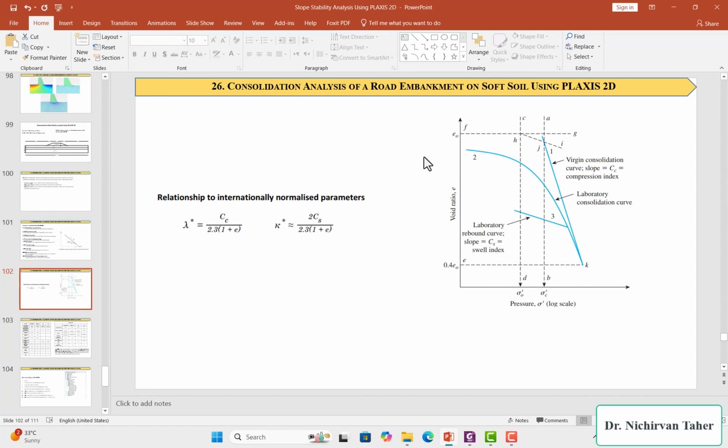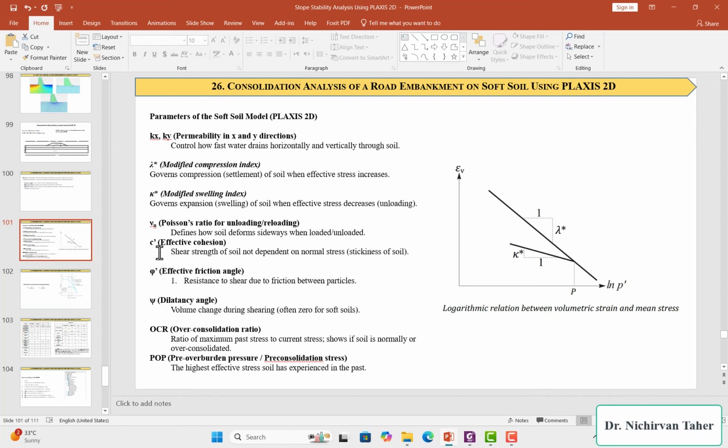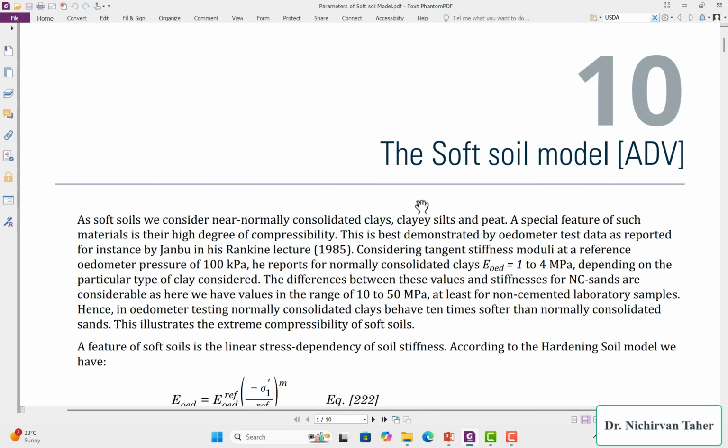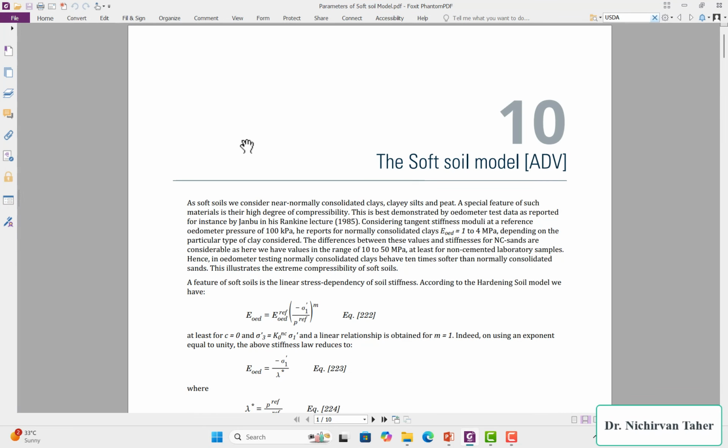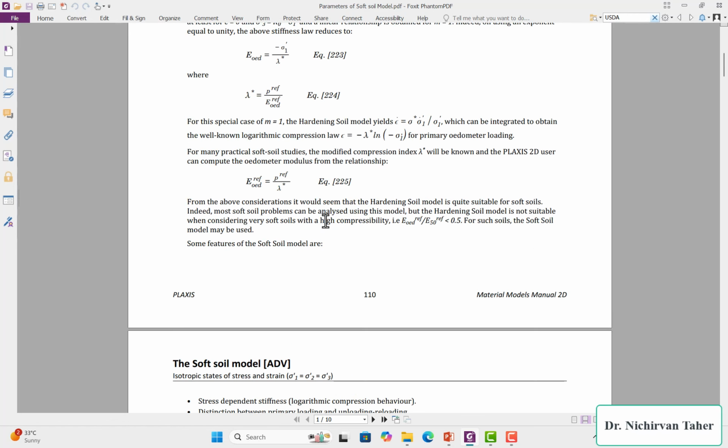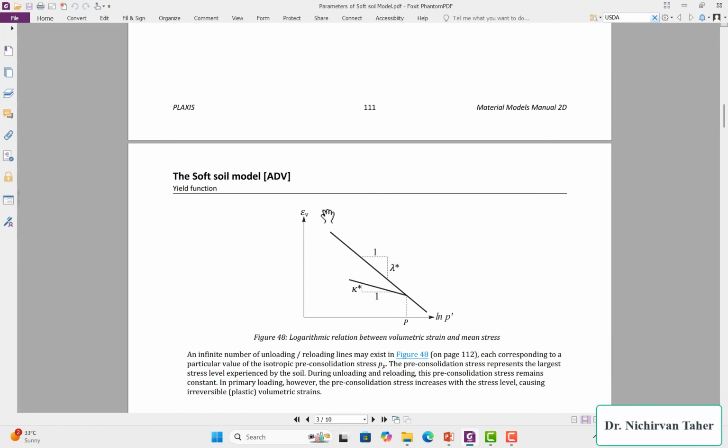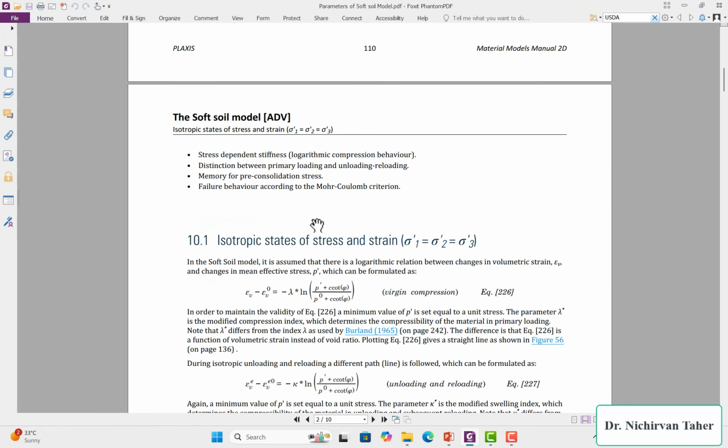So, as I mentioned before, if we have consolidation data, we can estimate these two indexes and use them instead of the modified swelling and modified compression index in PLAXIS 2D. You can get the soft soil model and more detail about it, with all the equations and relationships, from the PLAXIS material manual.